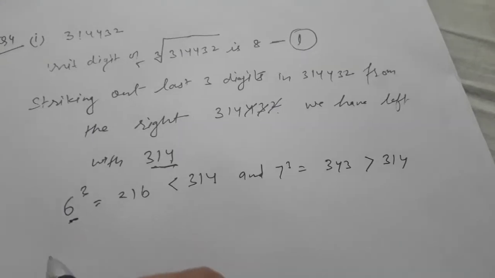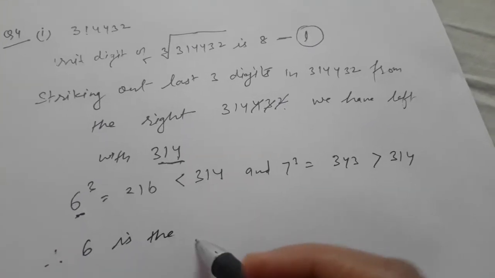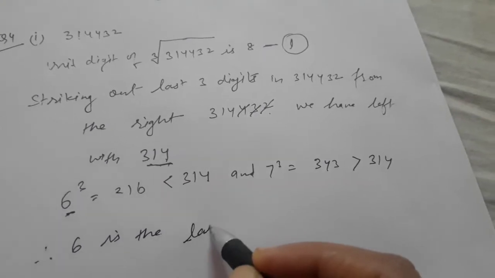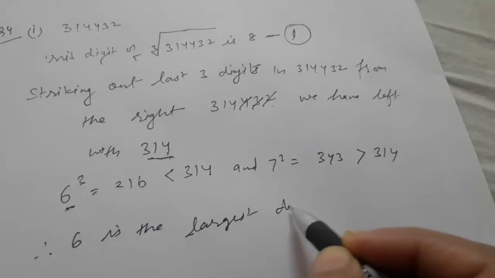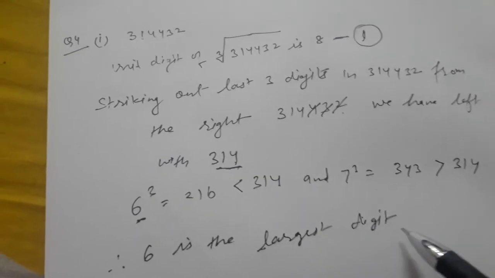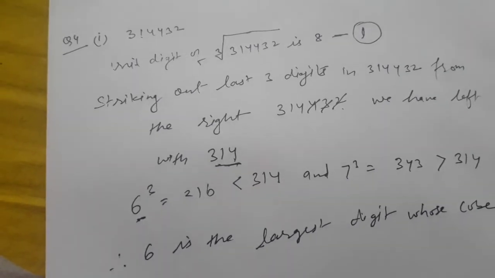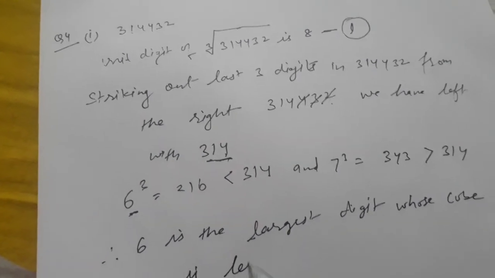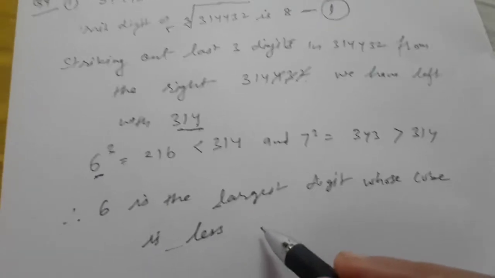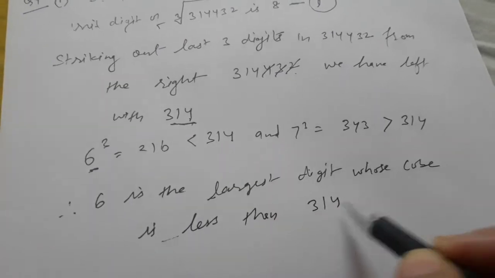Therefore 6 is the largest digit whose cube is less than 314.